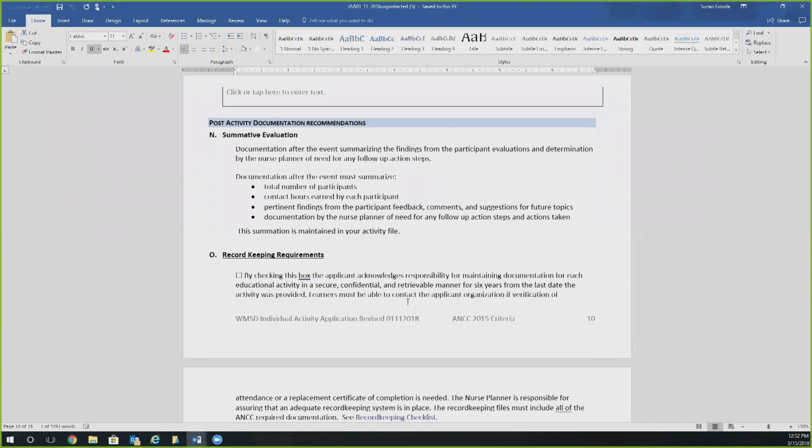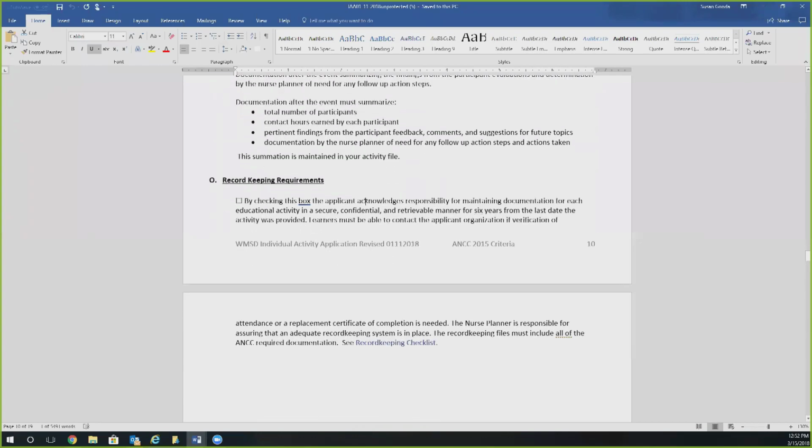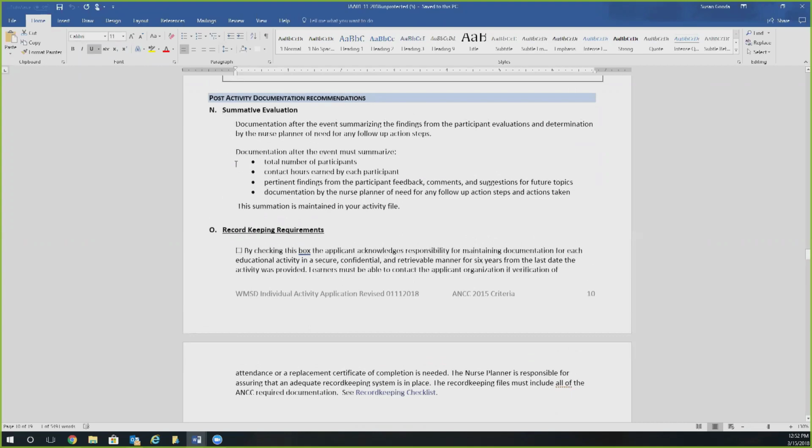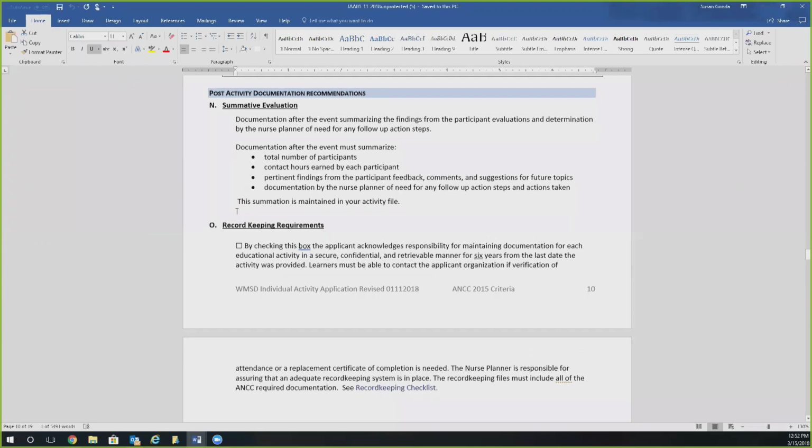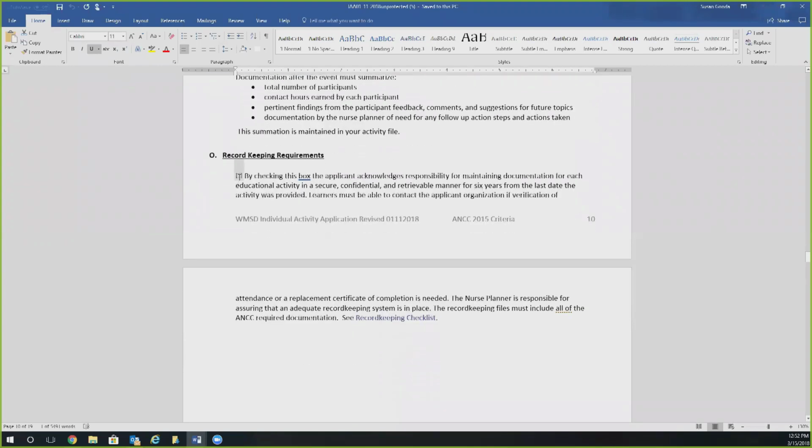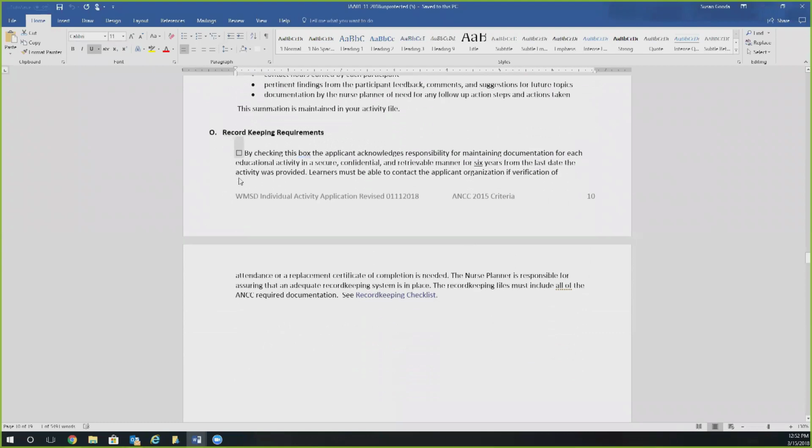You do have to evaluate the outcome of your event and analyze it on a summative evaluation form, which I will show you in a minute. And you must keep all your documents on hand for a minimum of 6 years following the completion of the event. So this just explains what you should be doing in Section N and acknowledging the record-keeping requirement of 6 years.